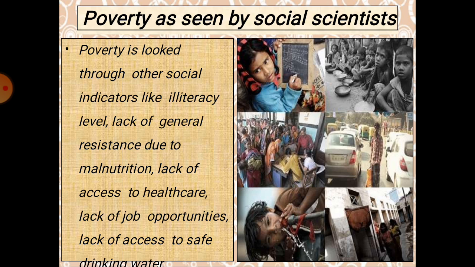This shows that the people are under poorer conditions, and there is social exclusion, which goes in two ways: it can be a cause and also a consequence of poverty.